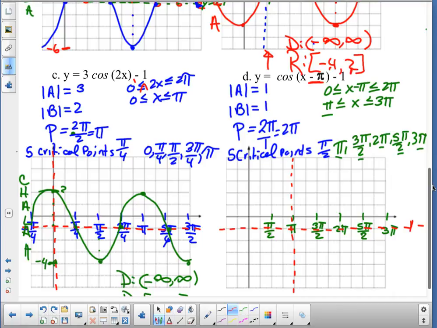So I've got an axis of y equal -1, and I've got a horizontal shift, I should say, along this vertical line here. Since I'm subtracting pi, it's pi. Now, that's where I'm going to start. I'm doing cosine, so it's high, axis, low, axis, high. So it's 1, 2, 3, 4, 5 as I go through.